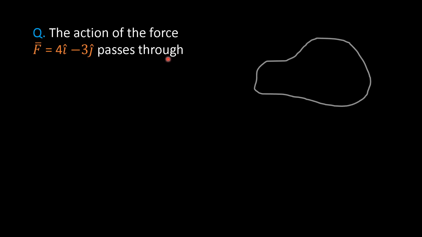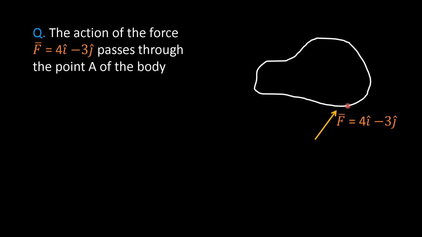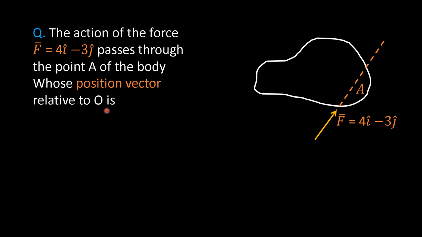The force F bar equals 4i cap minus 3j cap, and it passes through the point A, whose position vector relative to point O is 2i cap minus 2j cap plus 5k cap.